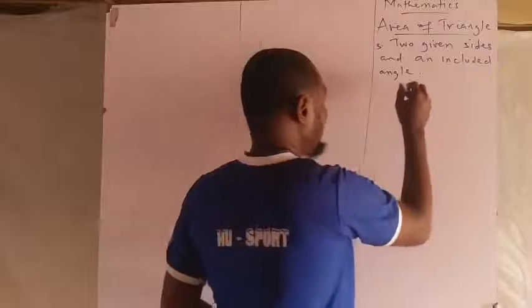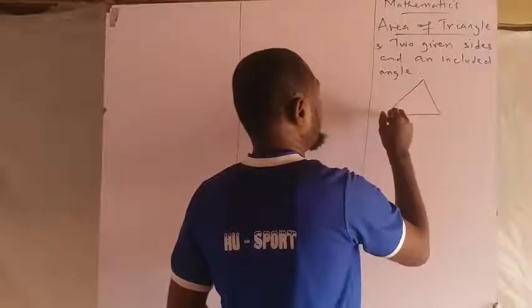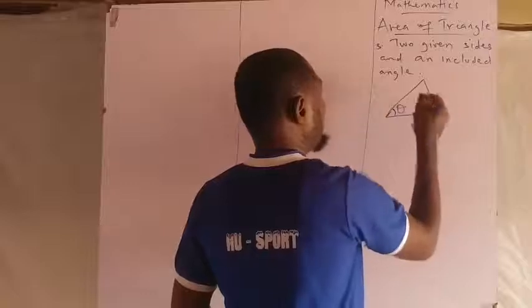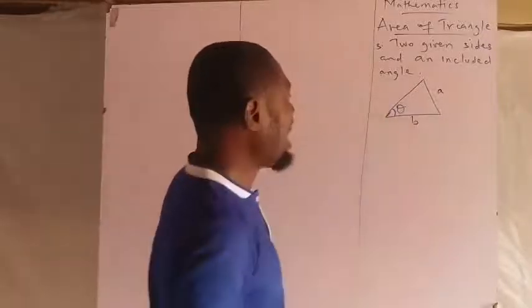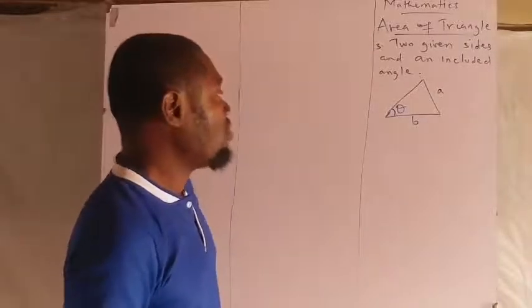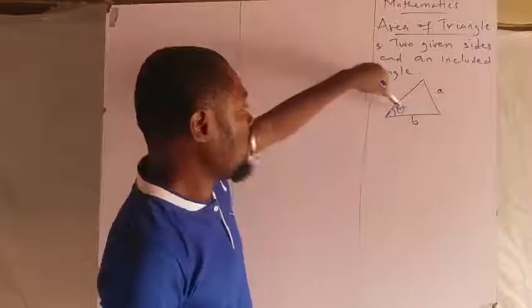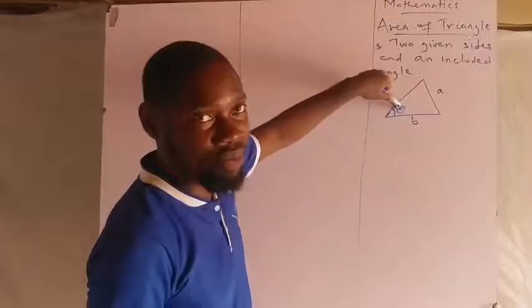When you have this theta, they give you A, B, and you're asked to find the area of this type of triangle where two sides are given with one included angle. This is called an included angle.